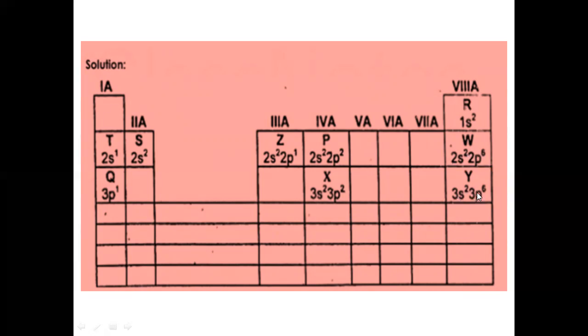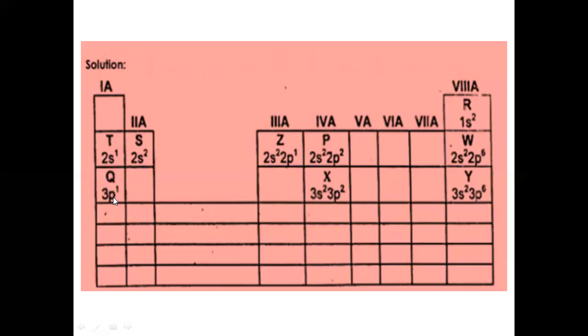And 3s2, 3p6, 6 plus 2, again 8 electrons means 8th group, but the period number is 3 because the n value is 3. So this must be in the third period. And then 3s2, 3p2, again third period, and group number 2 plus 2 electrons is 4, so fourth group. And 3s1 is third period, and 1 electron means group number 1.